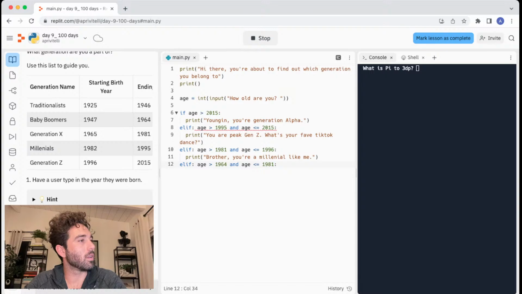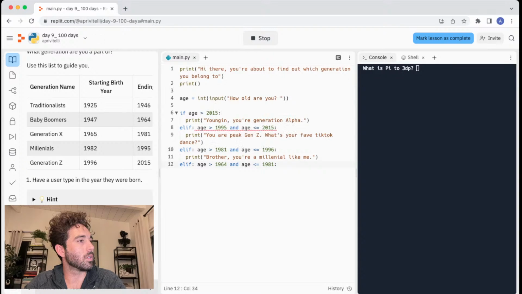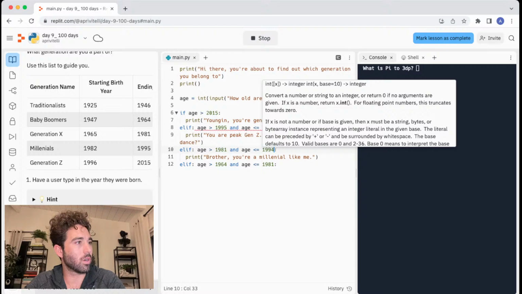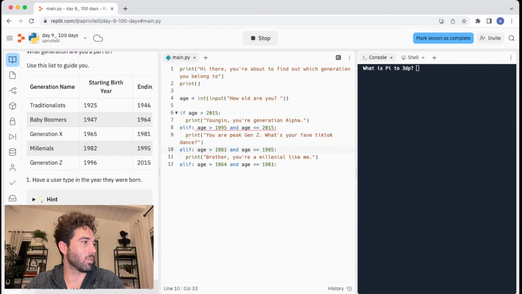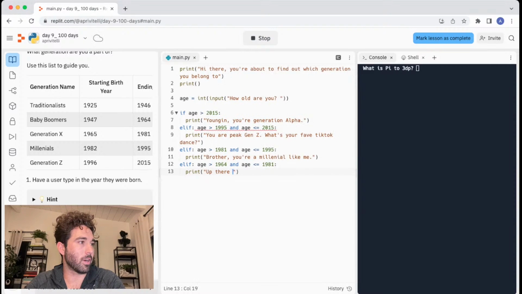Hold on. No. Greater than 81 and less than or equal to 94. No, 95. Age is greater than 1964, 65. Yeah. Print. Up there, huh?